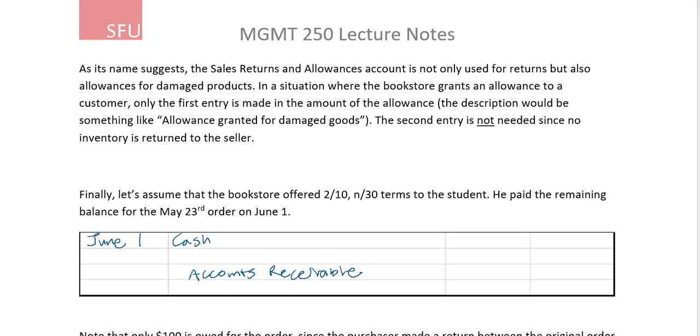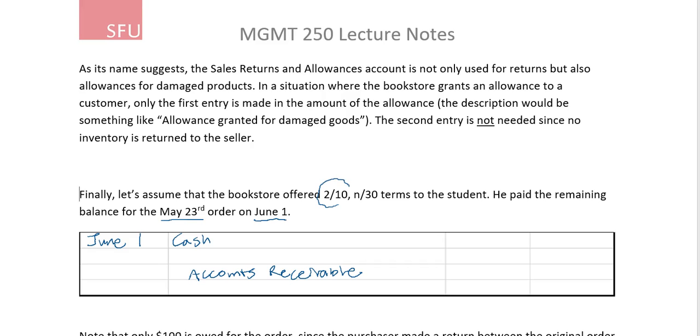So the first thing we want to confirm is the date is June 1st, because that's when the student made the payment. So we're looking at a couple things here. We're looking at May 23rd, when the sale was made, and June 1st, when the payment was made.